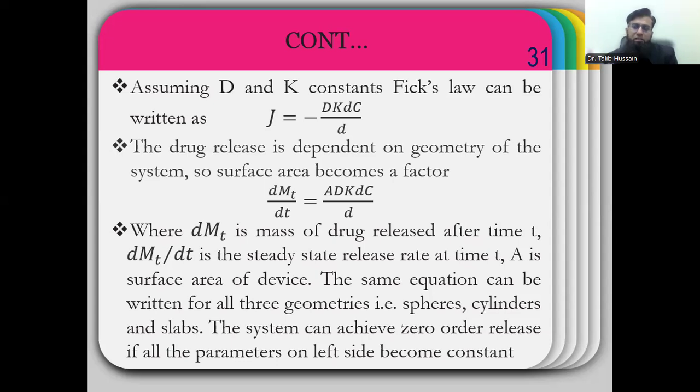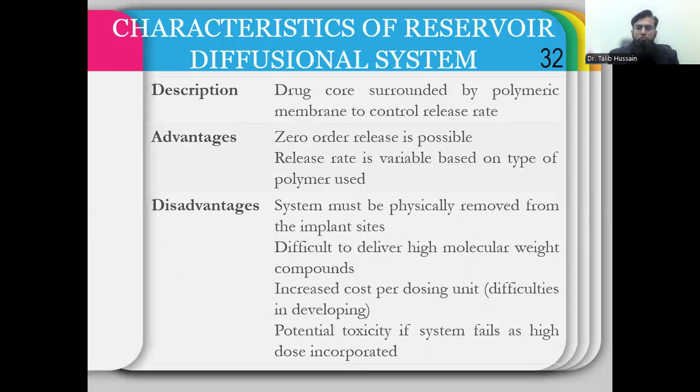So drug that is in the extremities will have a lesser distance to travel to the bathing solution than the drug which is present in the center of the matrix. So there will be a variable existing known as d. So depending upon d, the drug concentration will not be constant. So zero order is possible for a reservoir system, zero order is not possible for the matrix system.